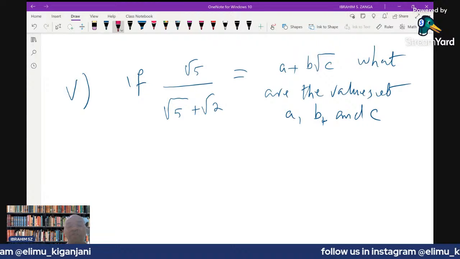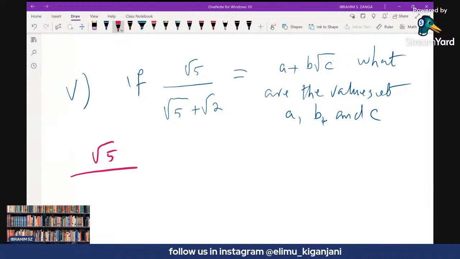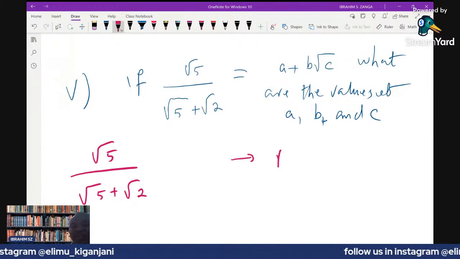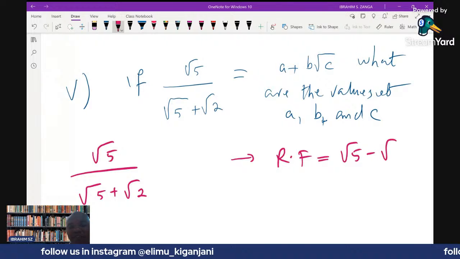So here we go. You're going to say the square root of 5 over square root of 5 plus the square root of 2. Mind you, our rationalizing factor here will be square root of 5 minus square root of 2.